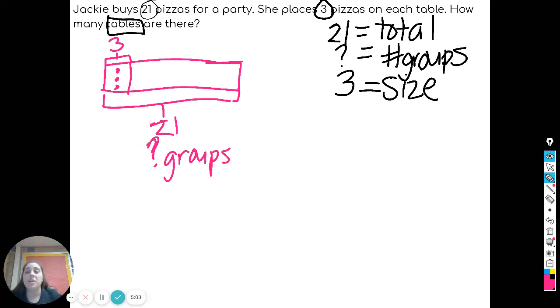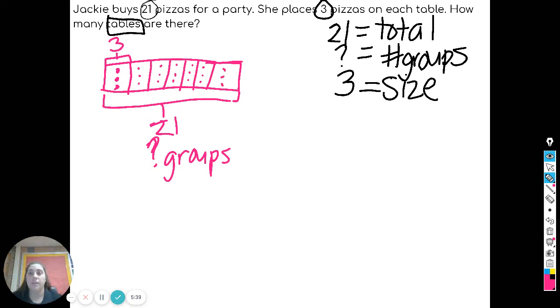All right, so pretty much what I have here is my tape diagram, and I only have 3 dots right now because I don't know how many groups to make. So what I'm going to have to do is keep making groups of 3 until I get to that 21. So right now I'm at 3, 4, 5, 6, 7, 8, 9, 10, 11, 12, 13, 14, 15, 16, 17, 18, 19, 20, 21.